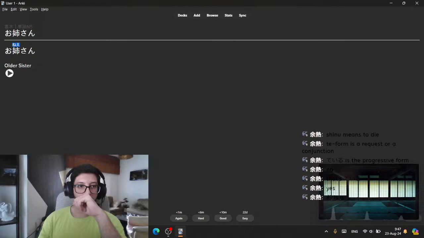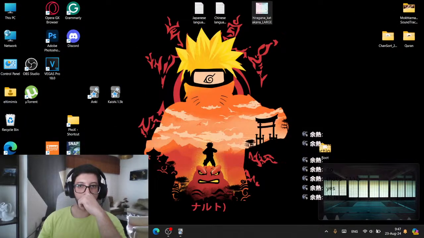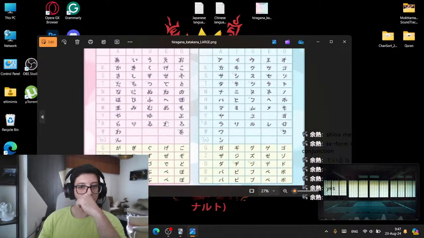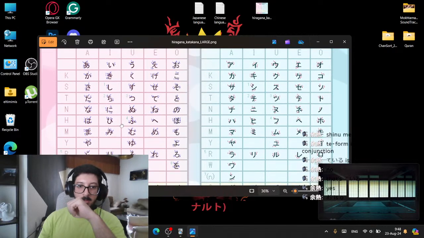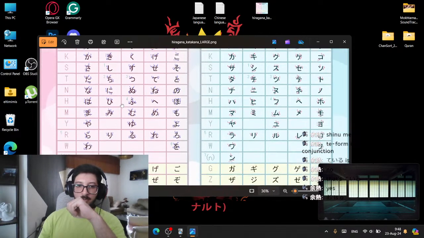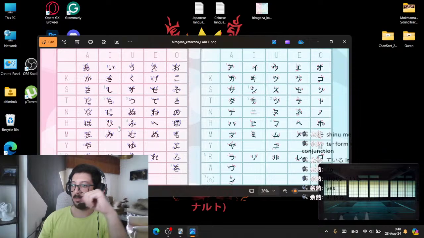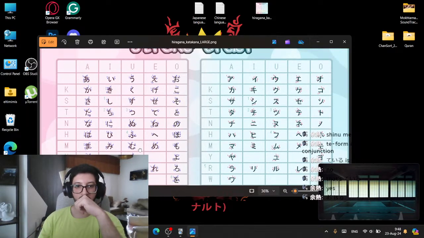The best tool for learning Japanese besides immersion. Okay. Well, I'm doing Anki every day, and I'll see where it takes me.